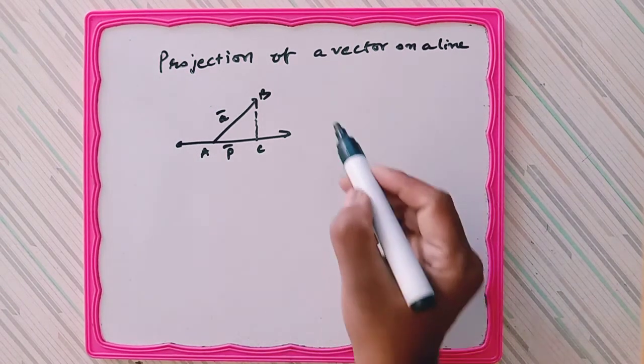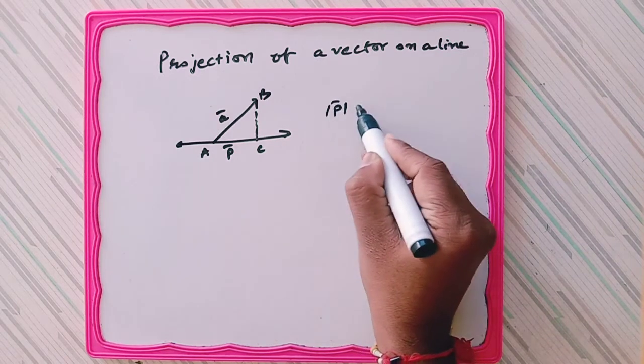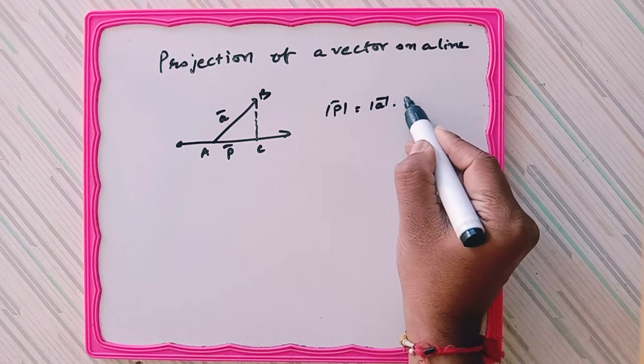So now we know that the magnitude of the projection of a vector is given by magnitude of P bar equals magnitude of A bar into cos theta.